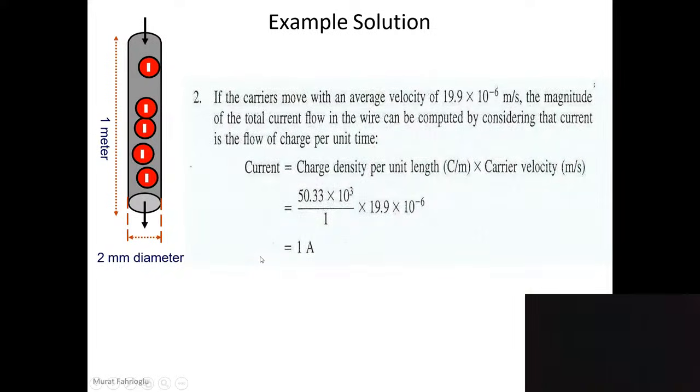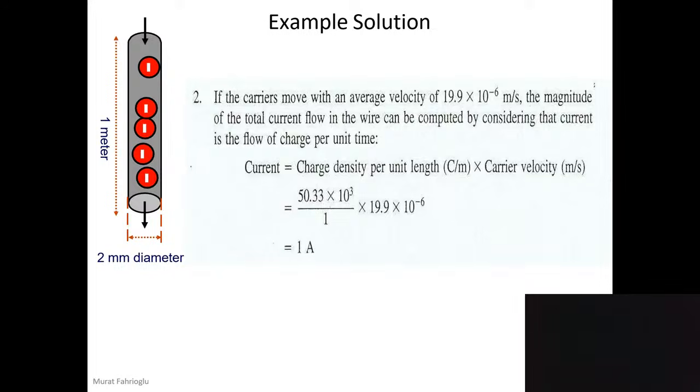In the second case, the carriers move with an average velocity of 19.9 into 10 raised to minus 6 meter per second. The magnitude of the total current flow in the wire can be computed by considering that current is the flow of charge per unit time. So current is the charge density per unit length into carrier velocity.